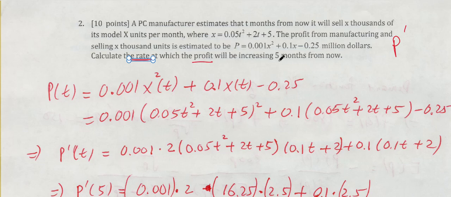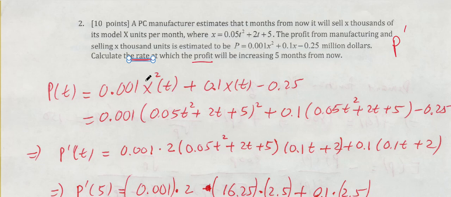Now, we were given a function P equals 0.001x squared plus 0.1x minus 0.25. However, the x variable here is a function of the time t. That's why when I rewrite here, I make sure to include x of t, because x is a function of t.